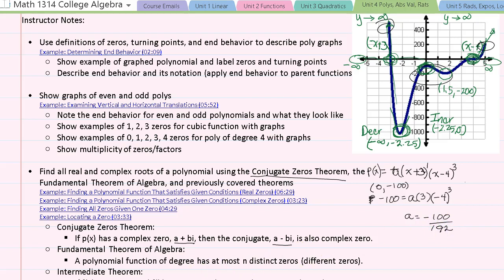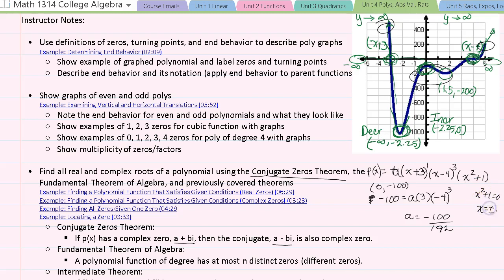If there were complex zeros, we can have our p of x to be a times x plus 3 times x minus 4 cubed, and then let's say x squared plus 1. Since we know that if we solve x squared plus 1 equal to 0, we would see that x is equal to plus or minus i.